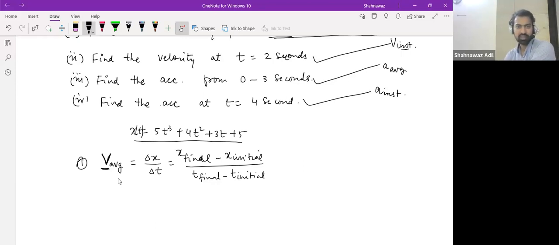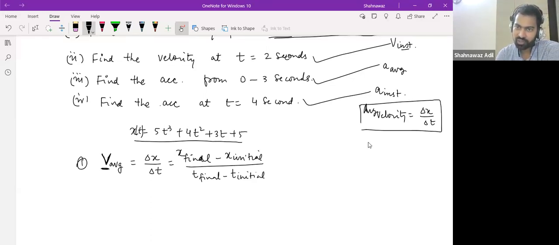Just remember that velocity is change in distance divided by time, this is average velocity, and then we have average acceleration, which is change in velocity, delta v by delta t. So now this would be x at 4 minus x at 0 divided by 4 minus 0.